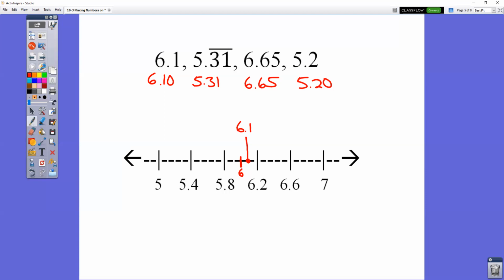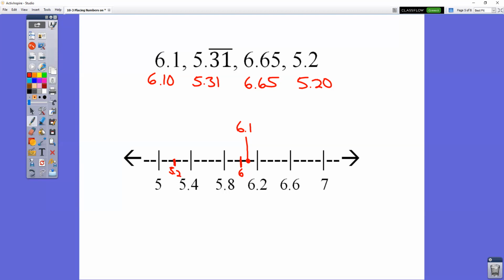$5.31. So halfway in between 5 and 5.4, this is where 5.2 would be, exactly halfway in between. Well, 5.3 is exactly in between 5.2 and 5.4.